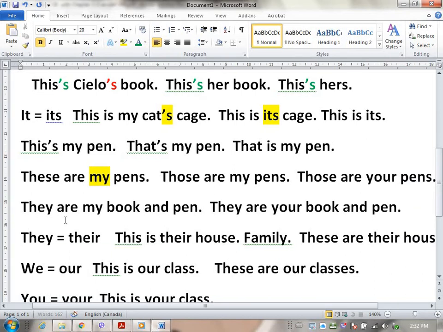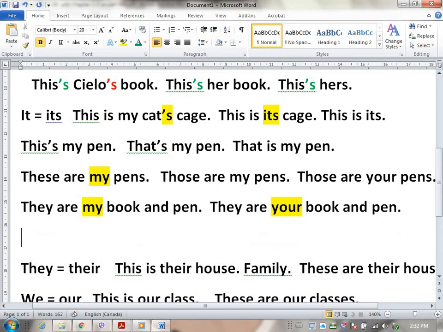But still, I could make it short. I could say here, your or my. Or I could make it short. I could say, you see, there, there your pen and book. You say books.